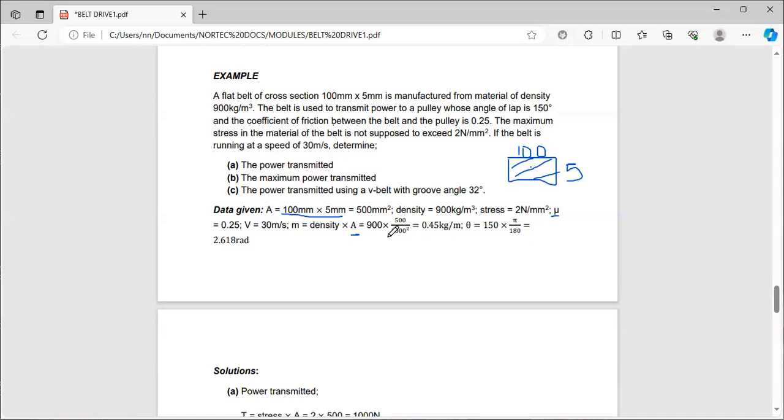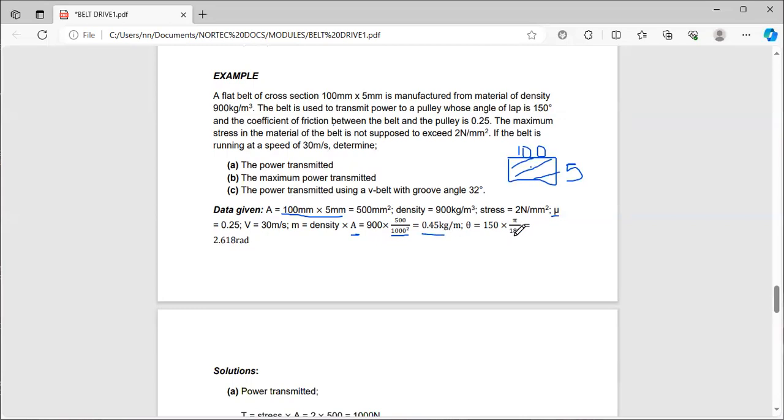So 900 multiplied by the 500 that we've been given in millimeter squared. So how do we convert them to square meters? We just divide by 1,000 squared, then this has been converted. The other way is to convert these individually. The result will still be the same as 0.45.